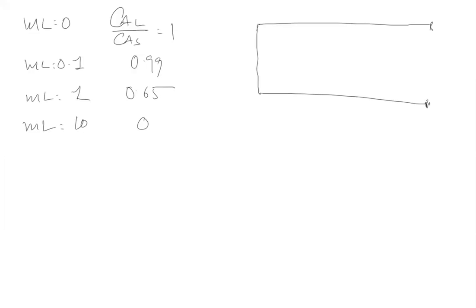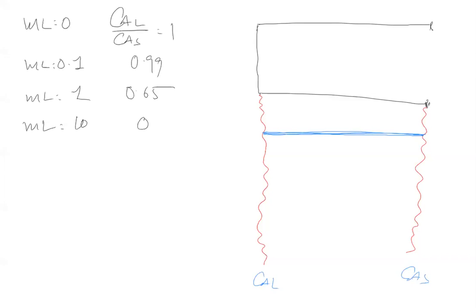concentration profiles, let's say I'll extend the concentration profiles here. If I try to draw the concentration profile, it is constant, exactly the same. So this is Cl, this is Cas. When ml is equal to 0, it is almost constant. Suppose ml is equal to, let's say, 0.1.